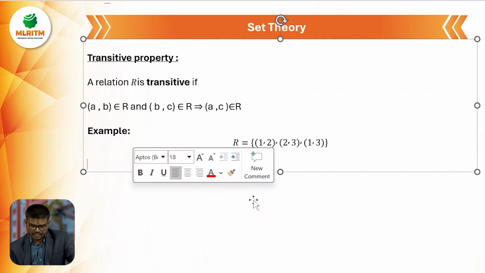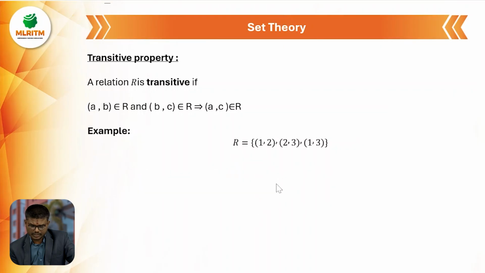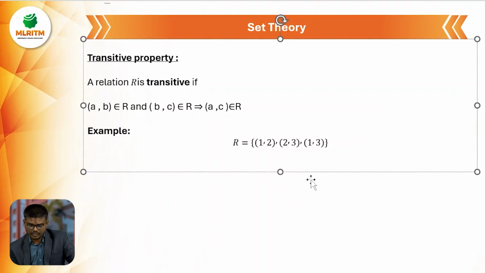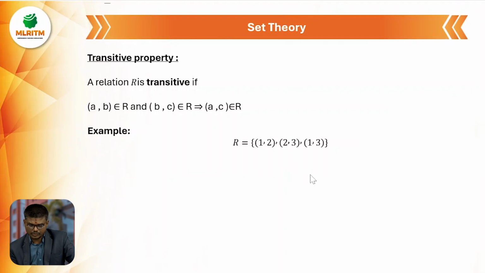In this pair the first element is a and 2 is b, and again we take the pair starting from the b element, so (2, 3), where 2 is b and 3 is c. Then for (a, c), what is the pair? (1, 3) belongs to R. So it is satisfying the transitive property.